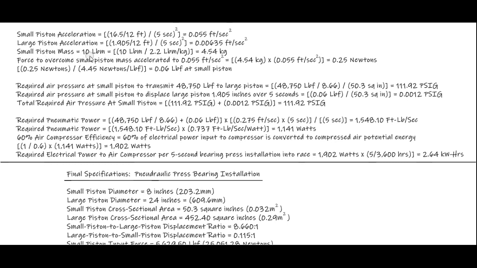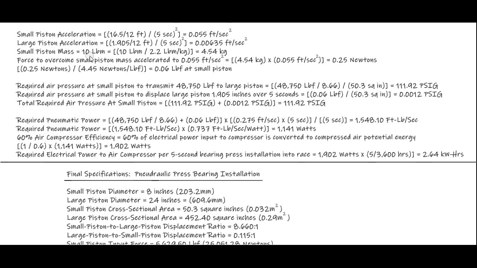Small piston mass, 10 pounds. Now we're dealing with mass, not force. Force is mass times acceleration. So we can use the metric system for clarity and ease of simplification. 10 pounds converted into kilograms is 4.54 kilograms.